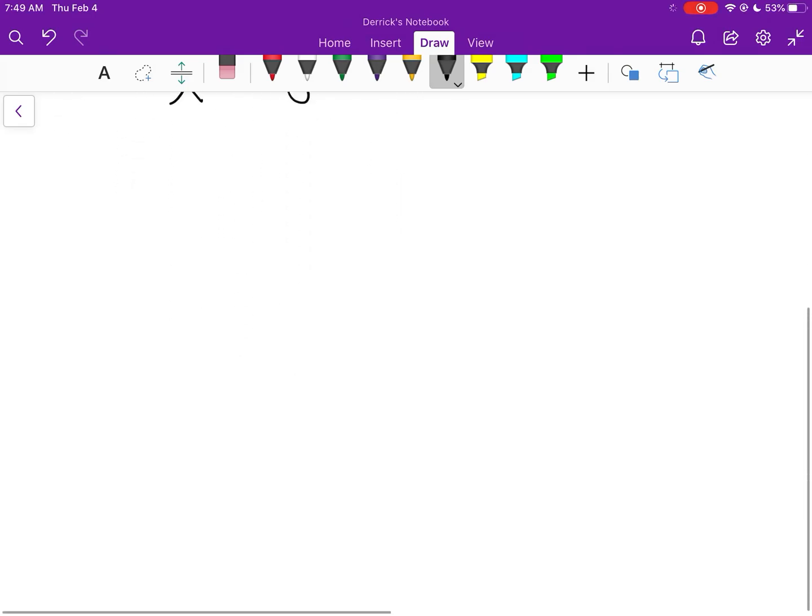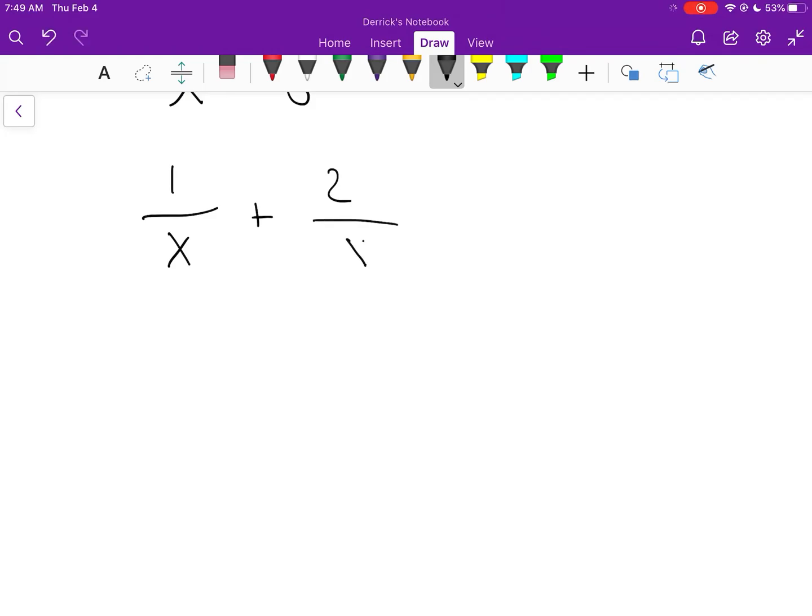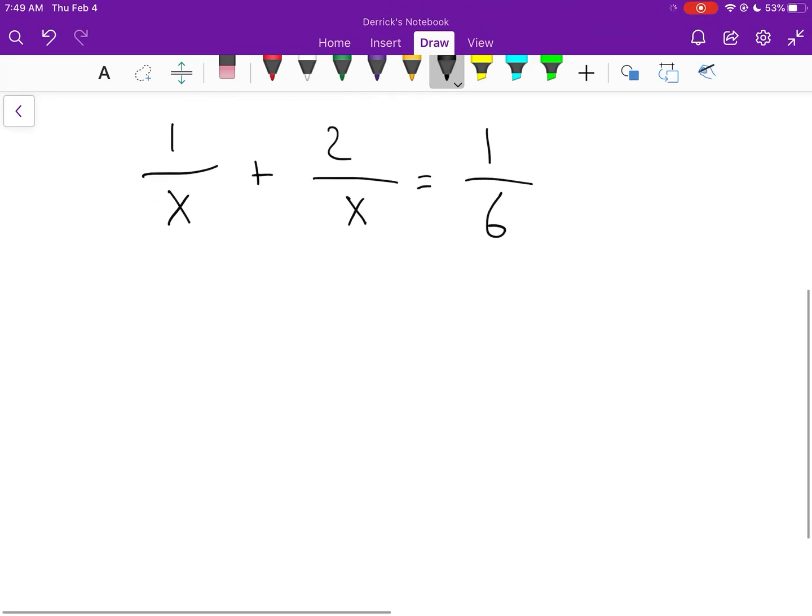So let's talk about if we had an equation like this: 1 over x plus 2 over x equals 1 over 6. Obviously we have fractions here, and like I said, our goal is to get rid of those fractions so that it's not as tough to solve, because I recognize that fractions can tend to freak people out sometimes.